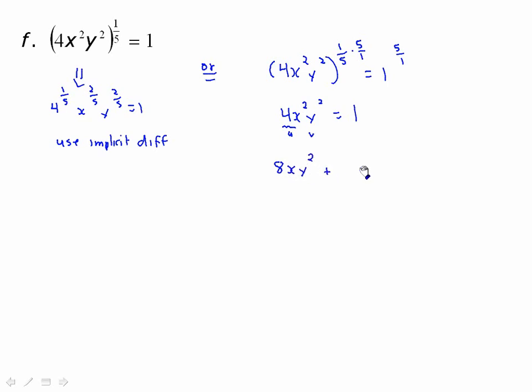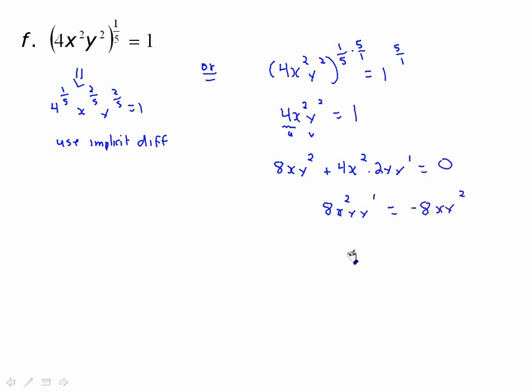The second term would be 4x squared is unchanged, and multiplied by 2y, don't forget your y prime, equal to 0. So I'll keep the y prime terms on the left, and that will give me 8x squared y prime, multiply the 2 by the 4, and that's equal to negative 8xy squared.